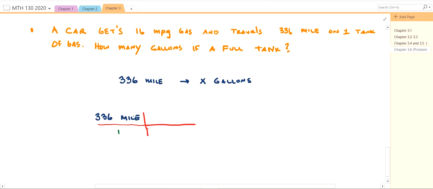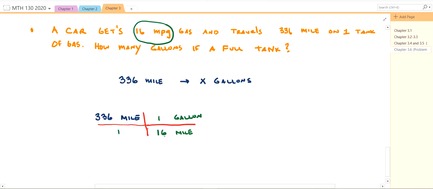Now, I want to go from miles to gallons. Well, in my car, I can go 16 miles per gallon of gas, essentially per 1 gallon of gas. I got that from here, 16 miles per gallon.